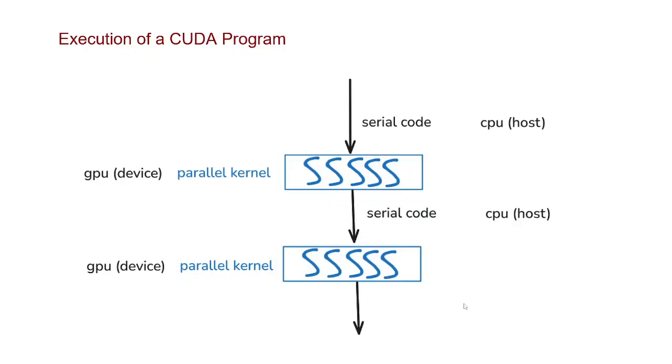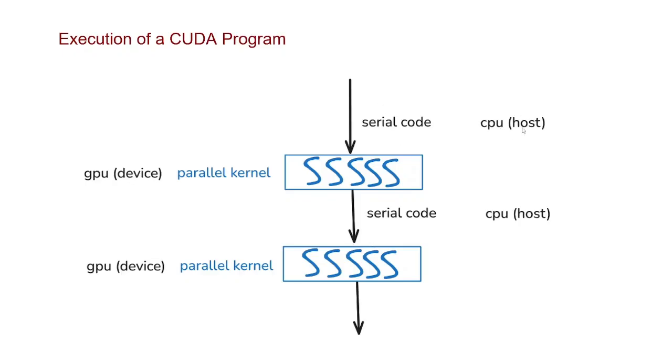We don't think about the GPU for the sequential portions, but some parts can be parallelized, and that's where we want to bring in the GPU. Our computation is a combination of these sequential parts and the parallel parts. For the parallel part, we have a grid of threads which does that computation, and the serial part runs on the CPU.